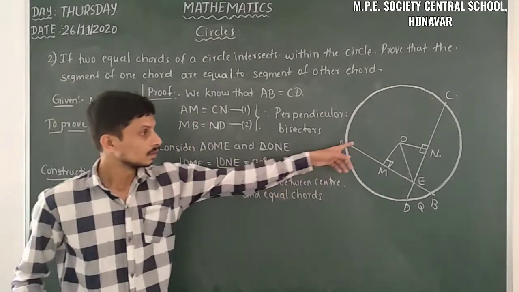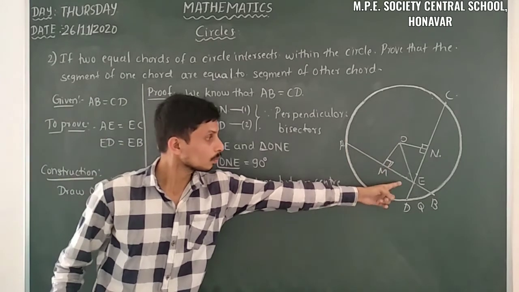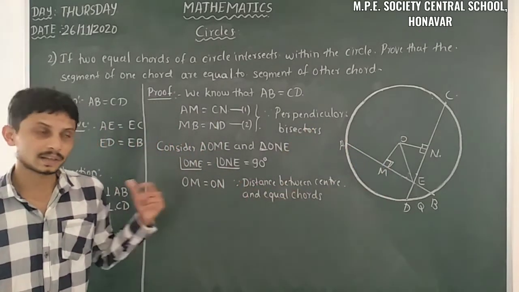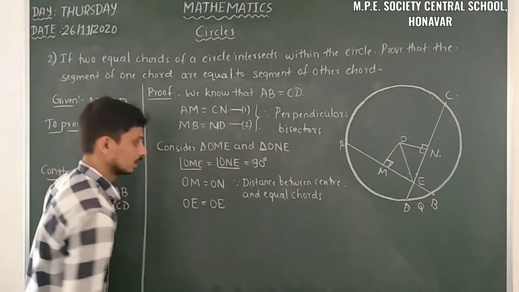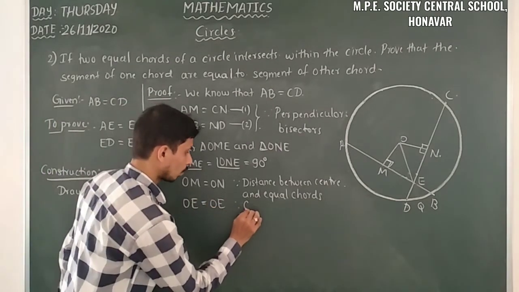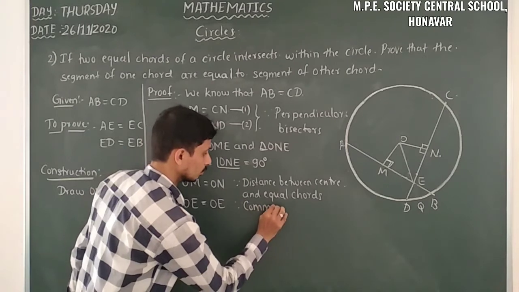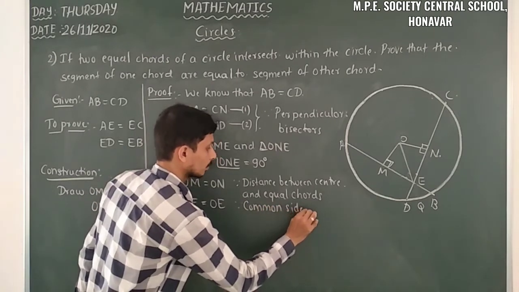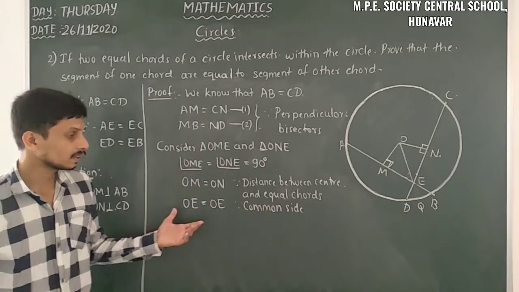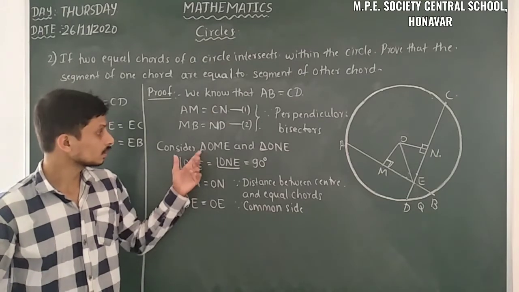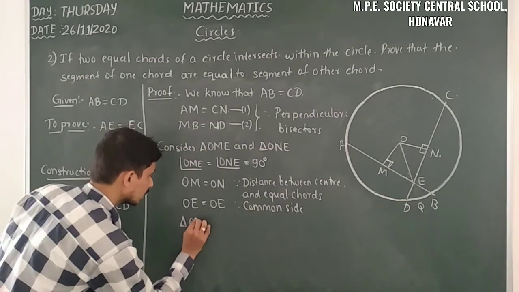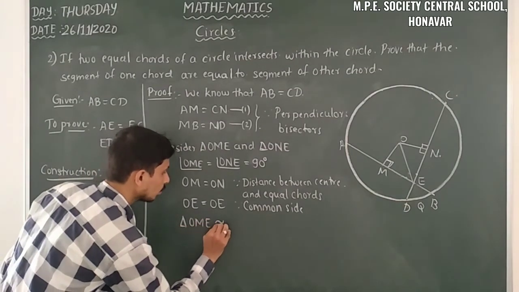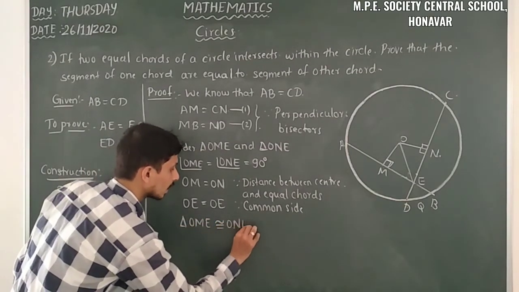Then another equality: OE is common for both the triangles. That's why we can take OE is equal to OE. So it is a common side. From these things we can take those two triangles to be congruent, that is triangle OME is congruent to triangle ONE.